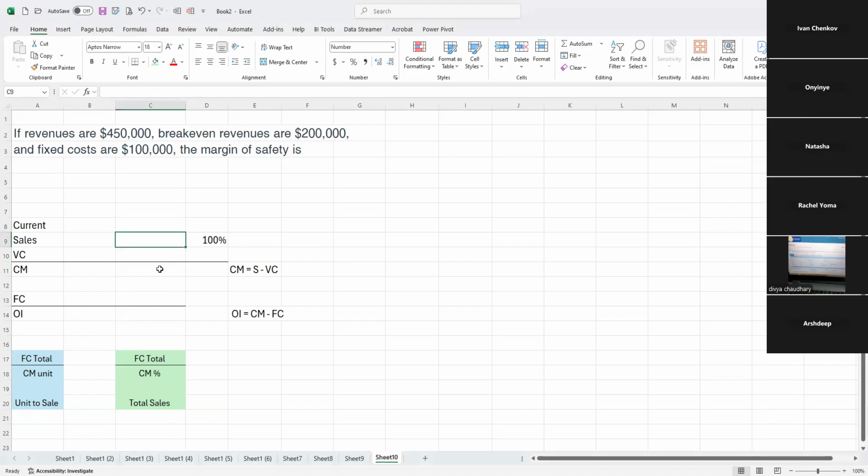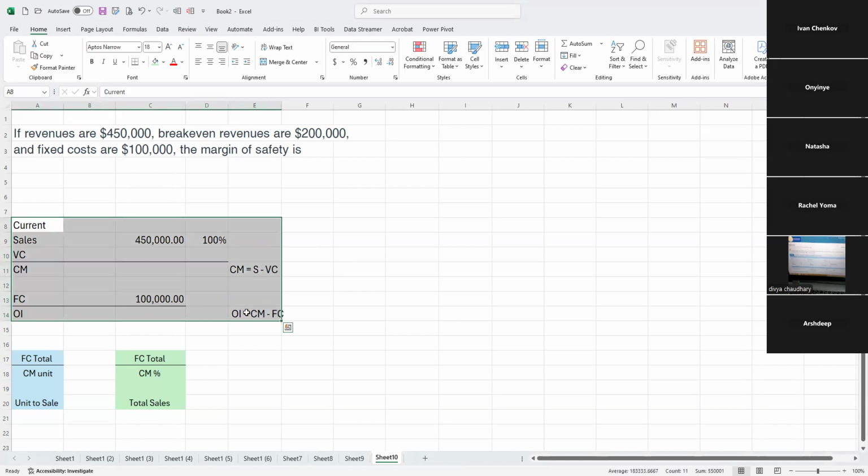Where is my current sales? 450. Variable cost, I don't know. Fixed cost is 100,000. And that is 200,000 operating. So now, at this point, that's where I am. Right? So now let's go with this.